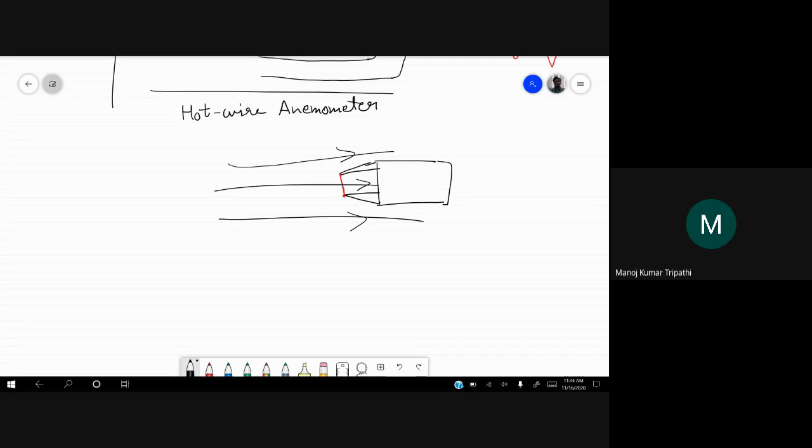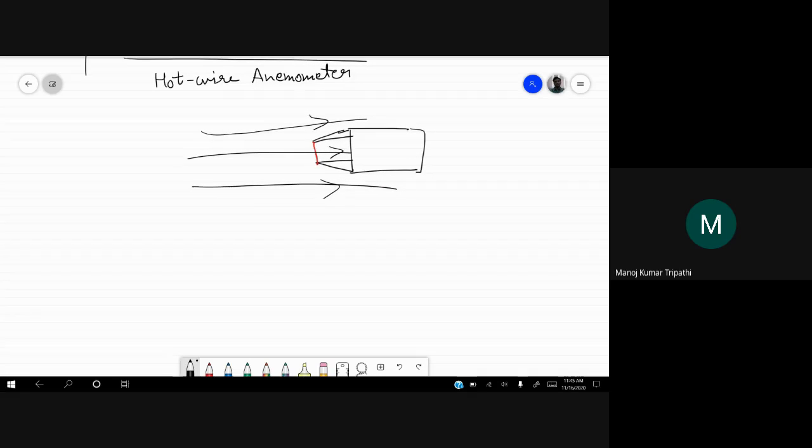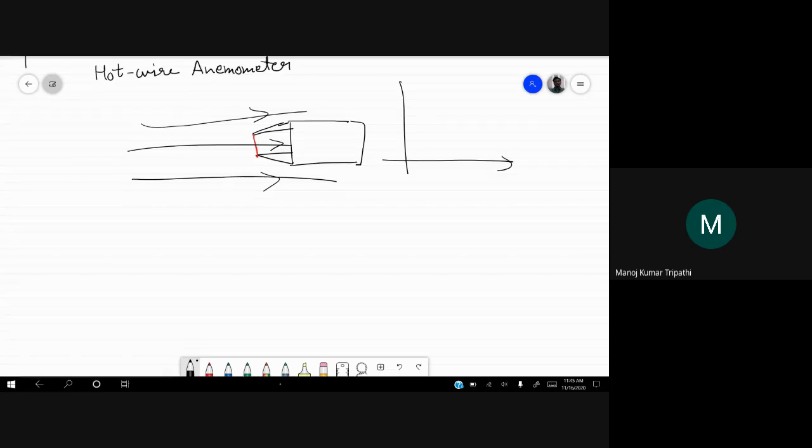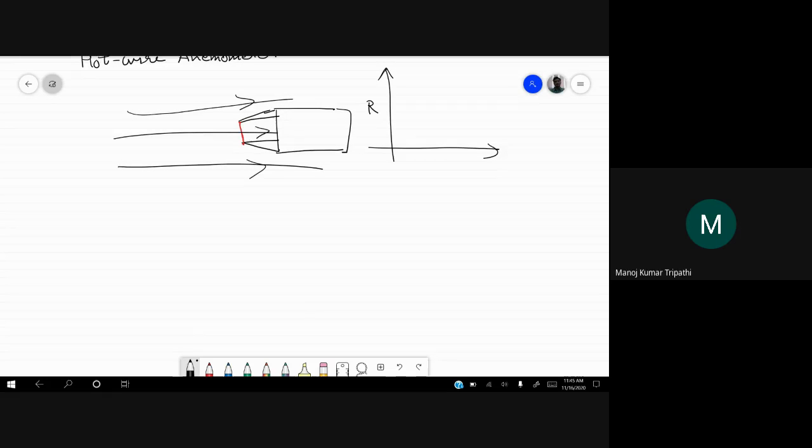If the air is flowing slowly, then it will not cool it that fast. Okay. And the resistance depends on the temperature of this wire. So there is a graph. This is calibrated. Resistance versus temperature of the wire. Okay. There is some graph for this.